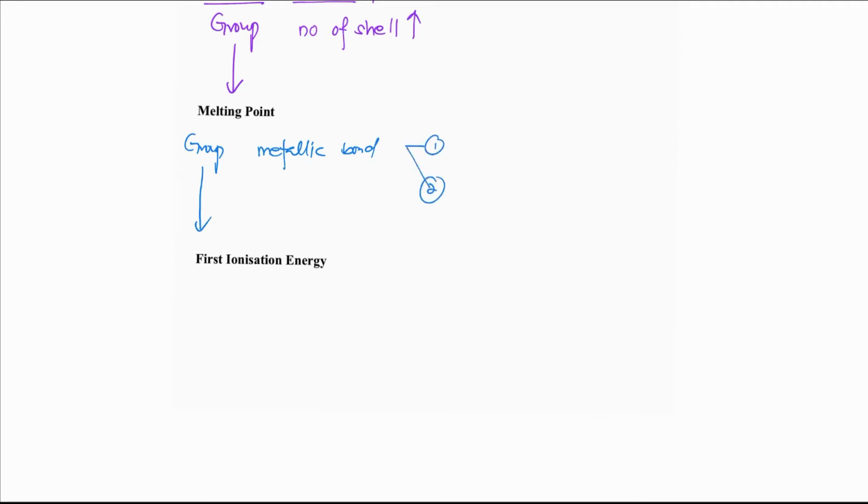First of all, the size of the metal ions. Next, the number of electrons in the delocalized electron cloud, or we could also say the sea of delocalized electrons.